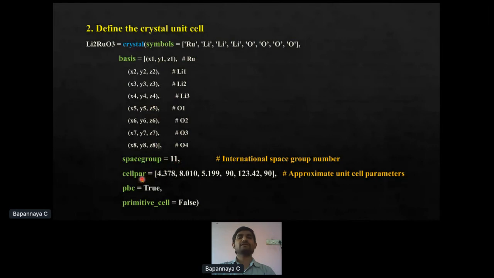And the cell parameters are A, B, C, the lattice constants, and alpha, beta, gamma, the angles. These are the approximate unit cell parameters, which we have acquired from the neutron Rietveld analysis by Muir et al. And then PBC, periodic boundary conditions, I have enabled as true, and primitive cell false, because unless you are dealing with a very minimal volume unit cell, otherwise we have to make it false.